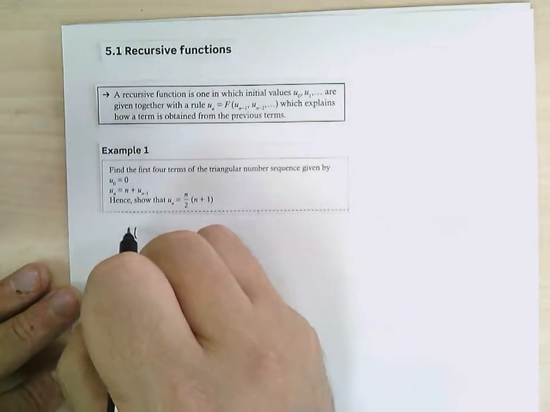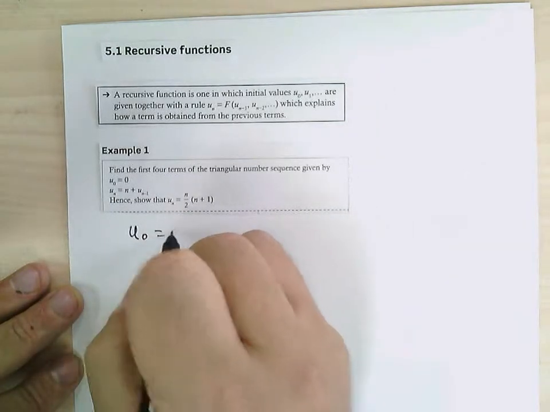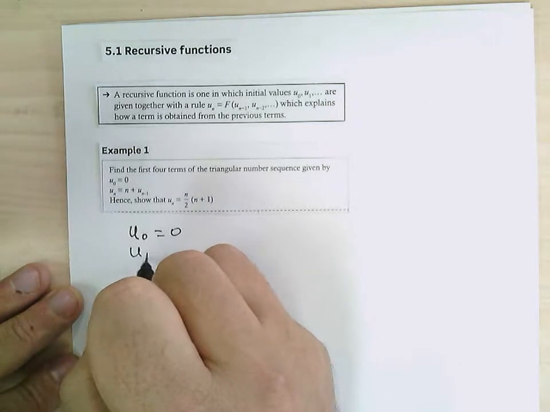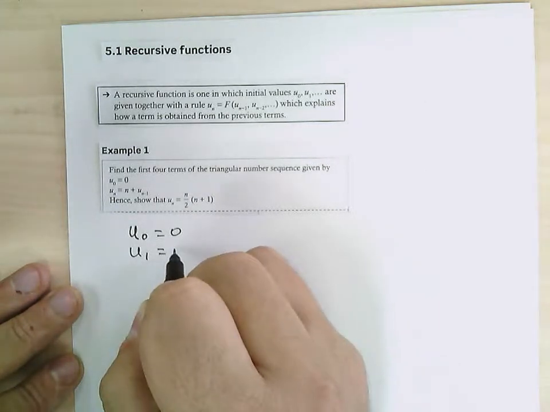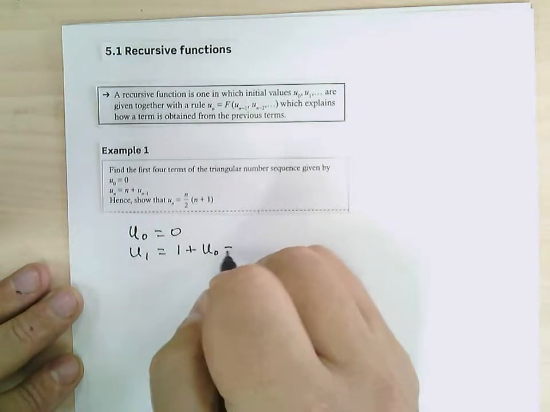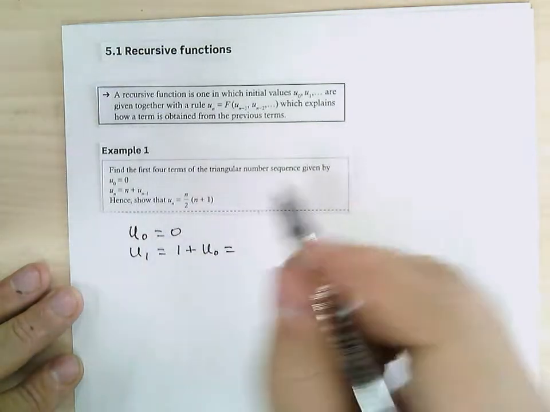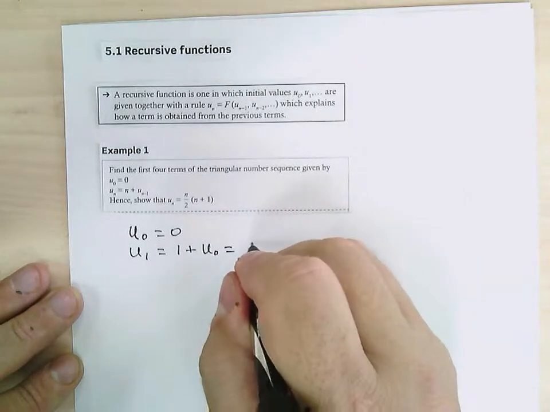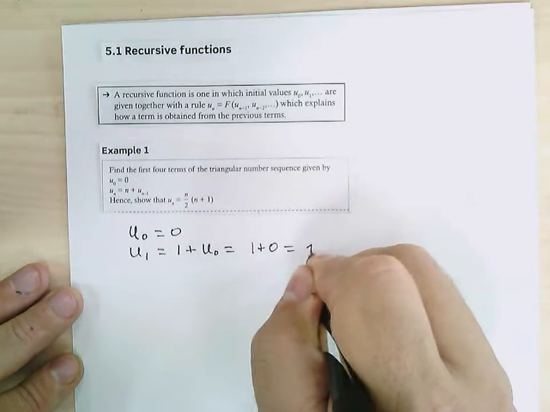First four terms, we have u of 0, which is equal to 0. That's the first term. u of 1 would be equal to 1 plus, when we plug it in, u of 0, and when n equals 1, n minus 1 is 0. So it's going to be 1 plus 0, which is 1.